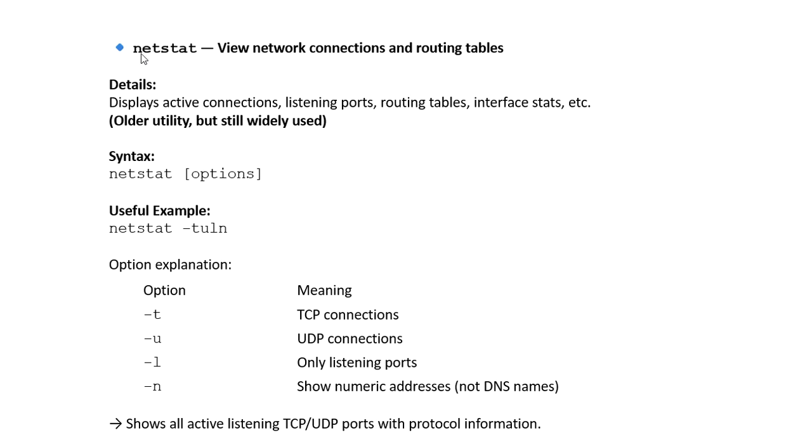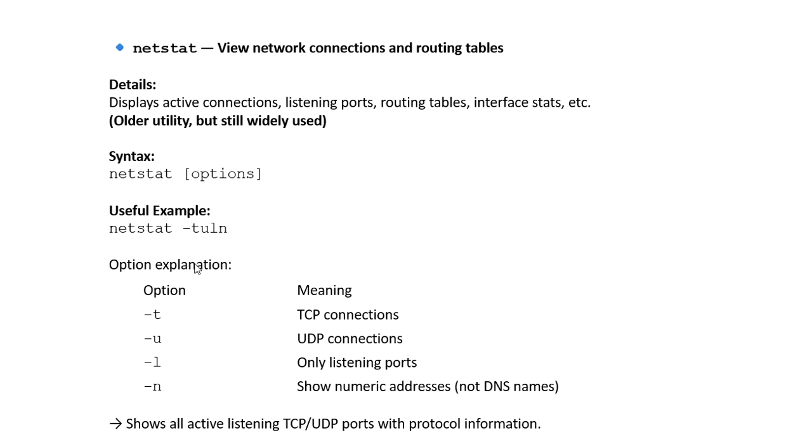Another command is netstat, which views the network connections and routing tables. The detail is it displays active connections, listening ports, routing tables, interface stats and so on. It is an older utility but still widely used. The syntax is netstat and the options, and a useful example is netstat hyphen tuln.